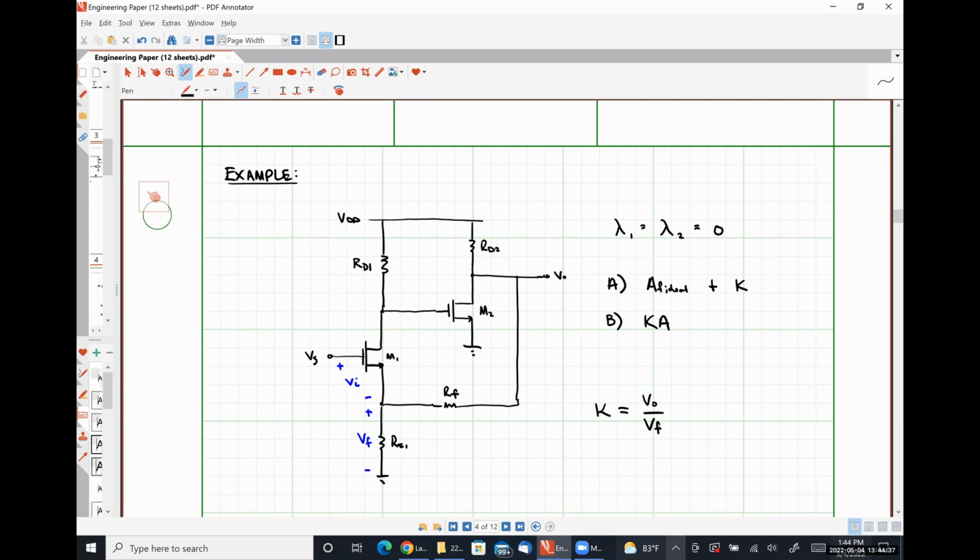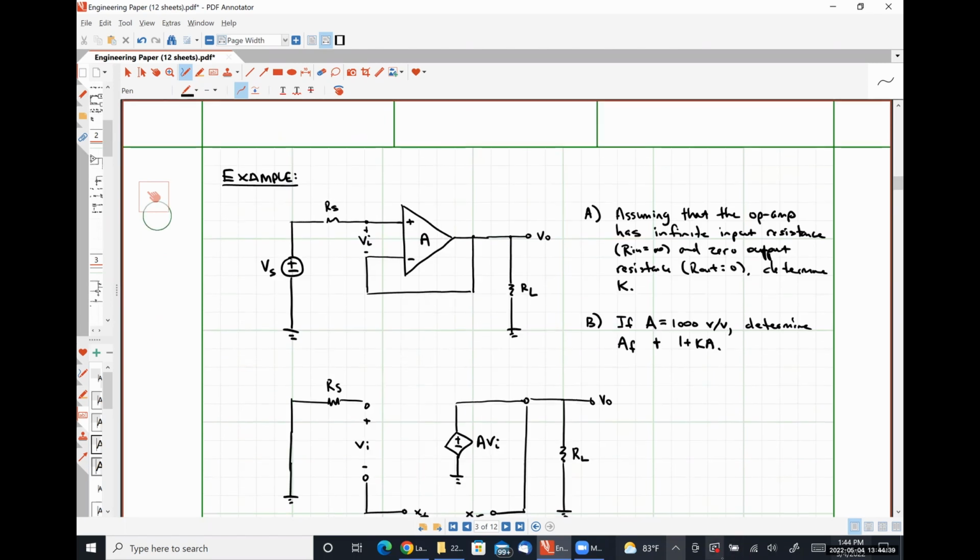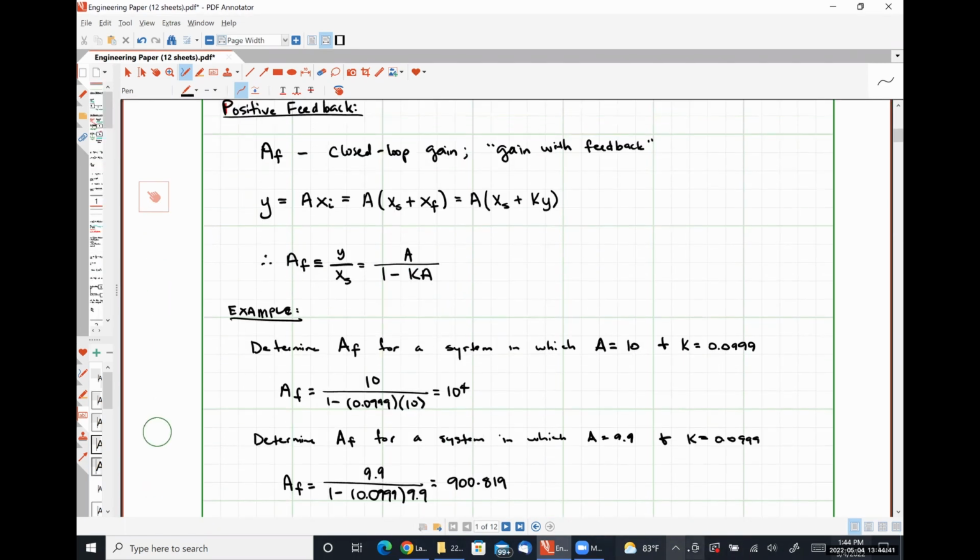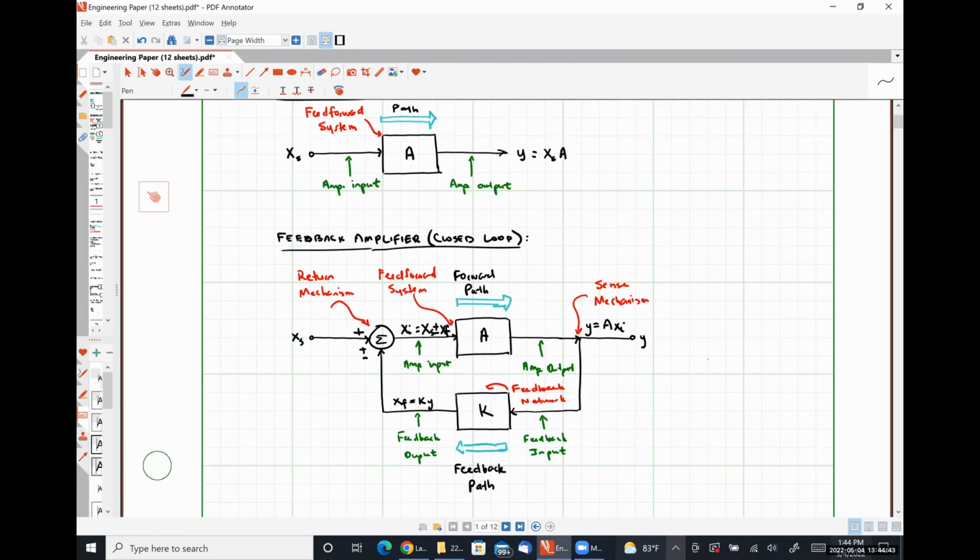I'm going to go way back to the beginning here to make sure we're keeping things consistent. K, actually, I might have written that down upside down.